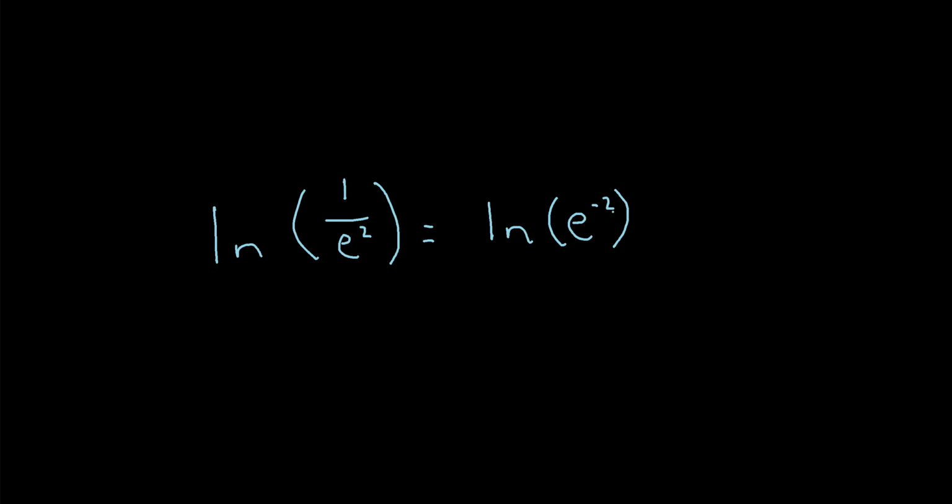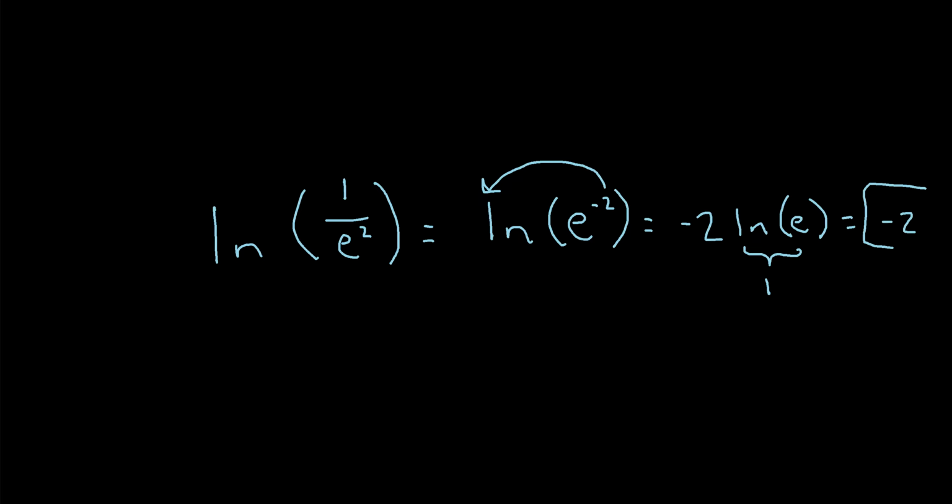And we can go ahead and throw this negative 2 out front, so we can rewrite it as negative 2 times the natural log of e. And if we recall, one of our properties of natural logs is the natural log of e is just equal to 1. So this whole thing is negative 2 times 1, and that's just negative 2. So that's our final answer.